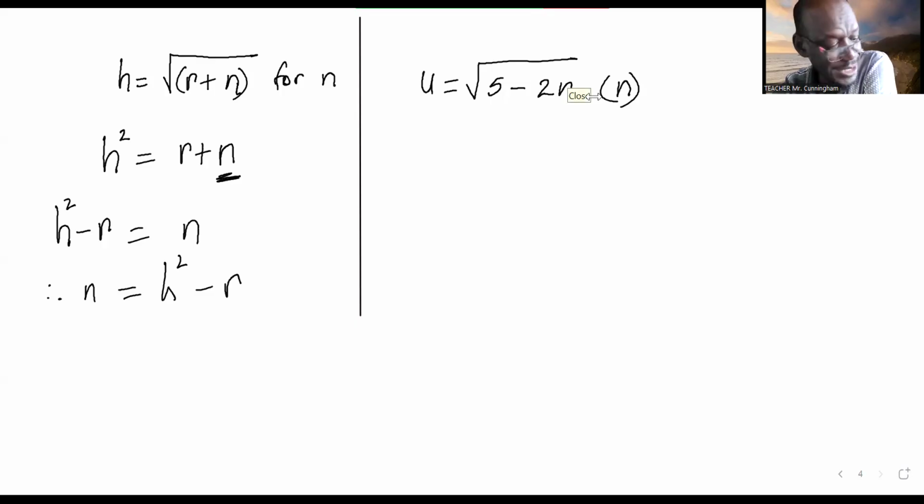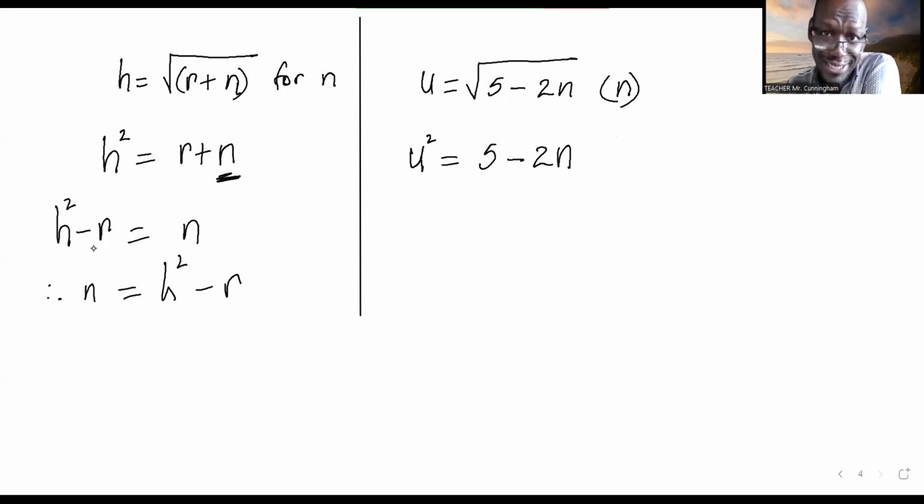Jedidia, you made a small mistake, a small one. I'm going to show you all now. To remove the square root sign, it will be u squared is equal to 5 minus 2n. But remember, we're finding for what?